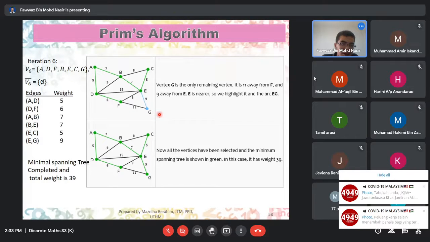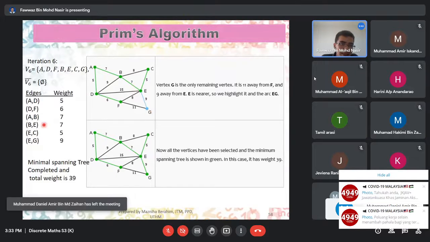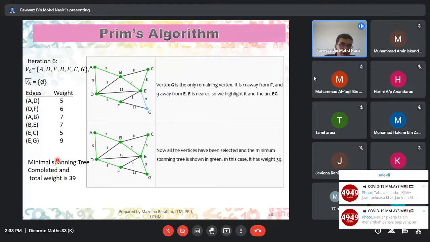So kita masukkan G dalam the list of vertices kita dah select. Dan kita list down edge EG to the list of edges yang membentuk spanning tree kita. Okay, so kita dapat kita punya minimum spanning tree. Okay, so minimum spanning tree kita adalah all the lines yang di color dengan warna hijau.